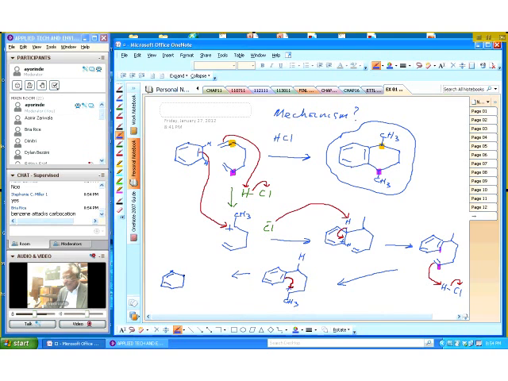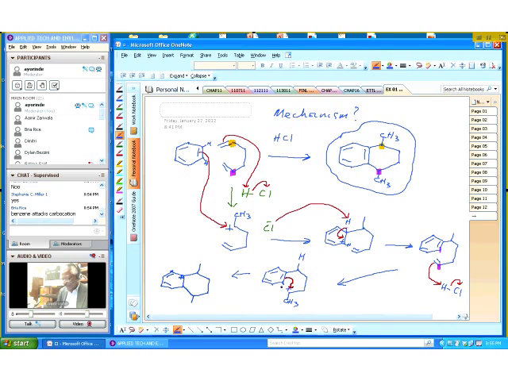Okay, since you guys want me to go through the mechanism, we now have this here. This is now joined, this is here now, and now this carbon becomes the carbocation.